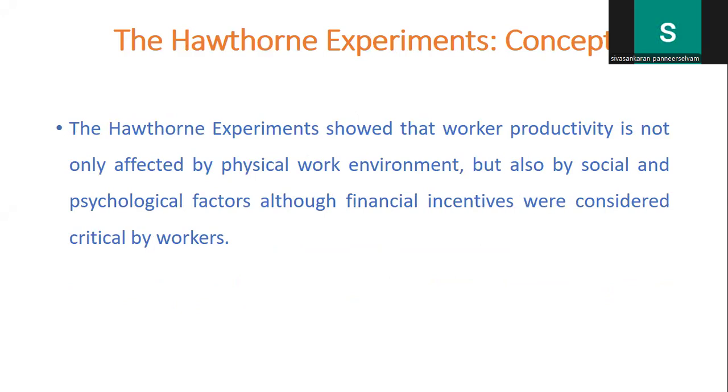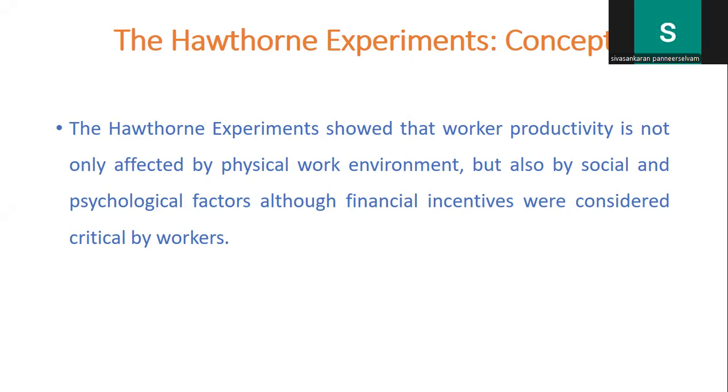Hawthorne experiments showed that worker productivity is mainly influenced by the physical work environment and also social and psychological factors. And moreover, the financial incentives also. These are the factors considered by the workers.